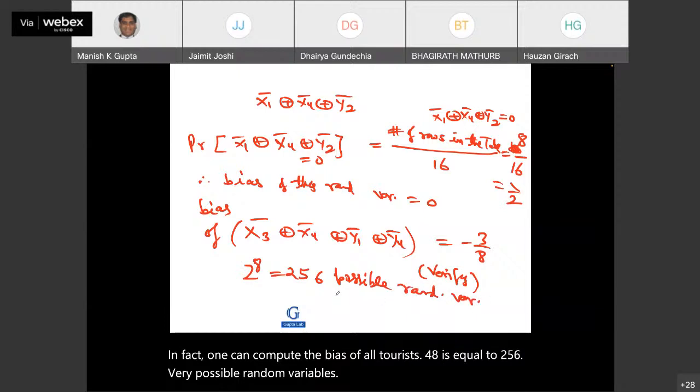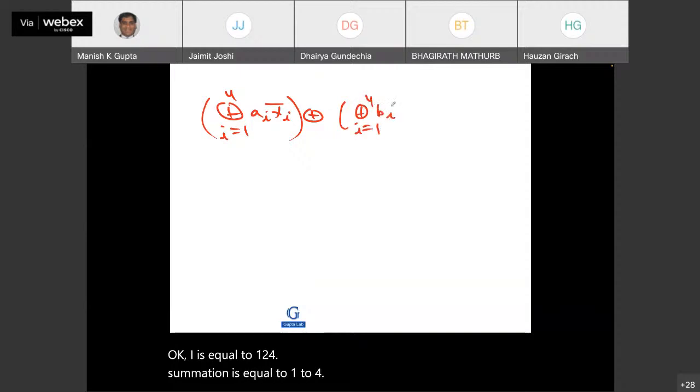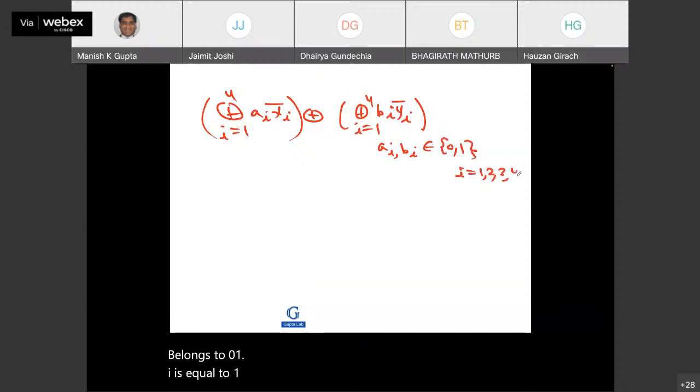So we can write in general, each random variable as the summation of ai xi bar, i equal to 1 to 4, plus the summation of bi yi bar, i equal to 1 to 4, where ai and bi are numbers belonging to 0, 1, for i equal to 1, 2, 3, 4.